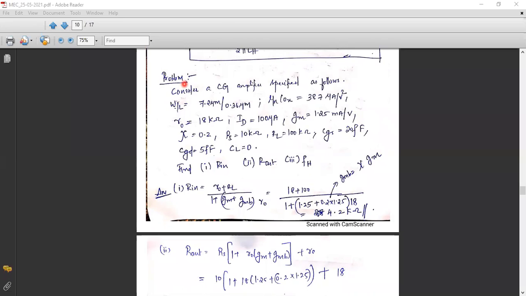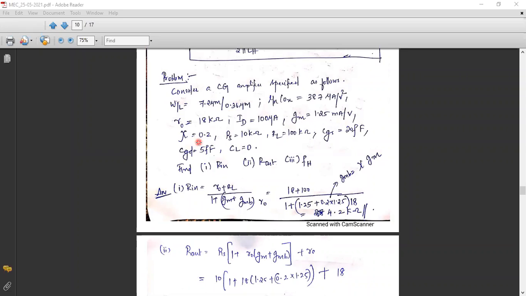Yes, aspect ratio, or the ratio between the channel's width and length. So it is clear from this question that width is 7.2 micrometer and length is 0.36 micrometer. Mu n COX, that is Kn dash, is 387 microampere per volt square. R0, the internal output resistance, is 18 kilo ohm. Drain current is 100 microampere. Transconductance is 1.25 milliampere per volt.